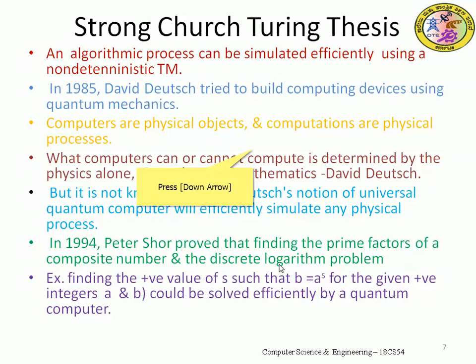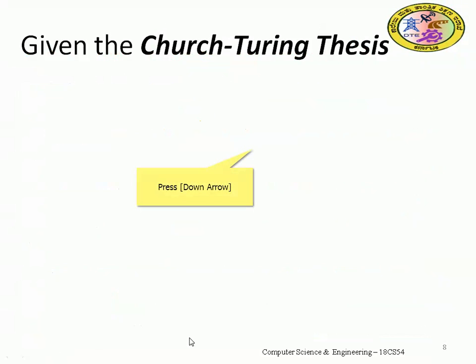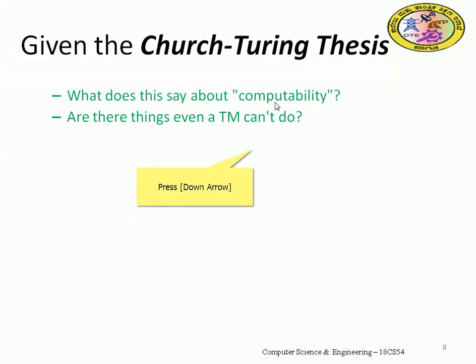This may point to proof that quantum computers are more efficient than Turing machines and classical computers. So given the Church Turing thesis, what does it say about computability? Are there things even a Turing machine cannot do?